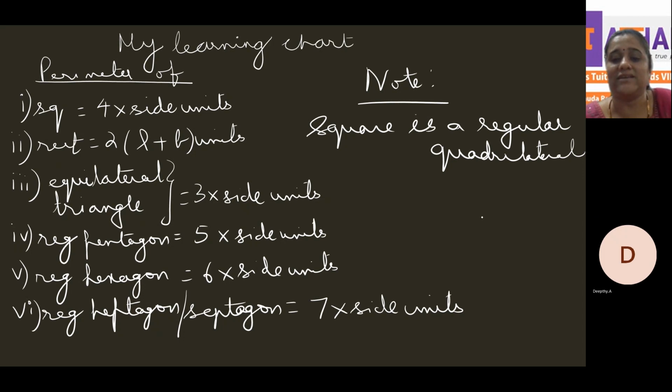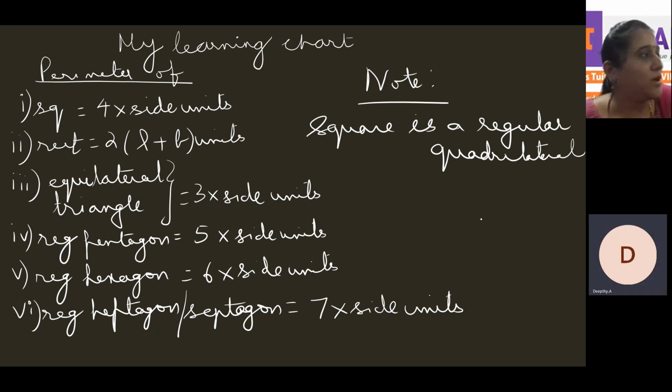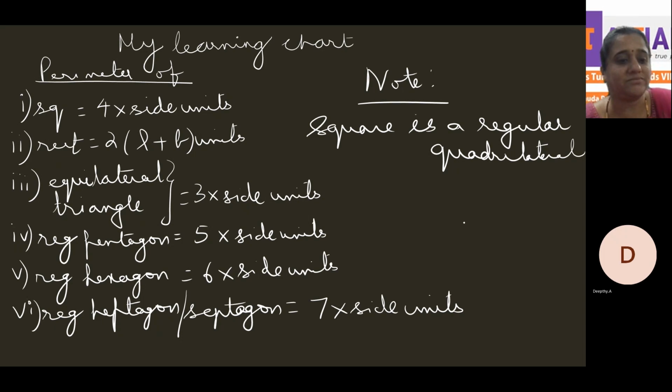Square is a regular quadrilateral. Yes or no, Deepthi? Yes, ma'am. Because a quadrilateral is a 4-sided polygon, and if all the 4 sides are equal, it's a square. That's why the formula is 4 into side perimeter.